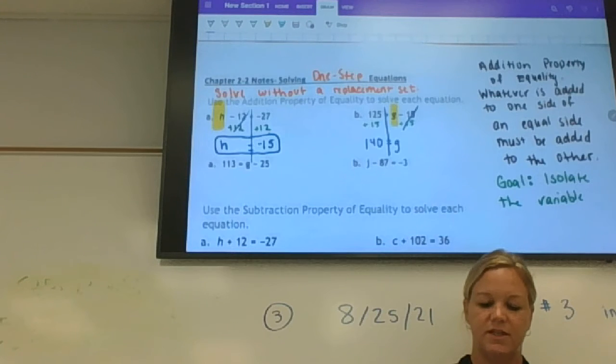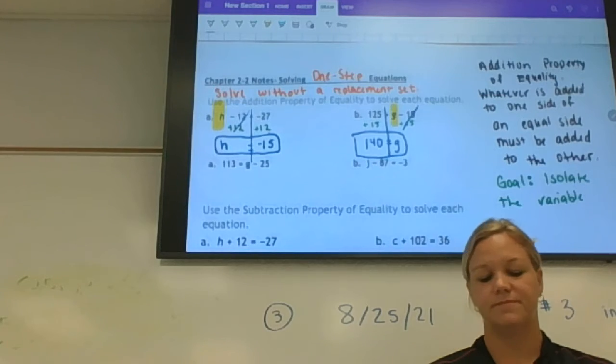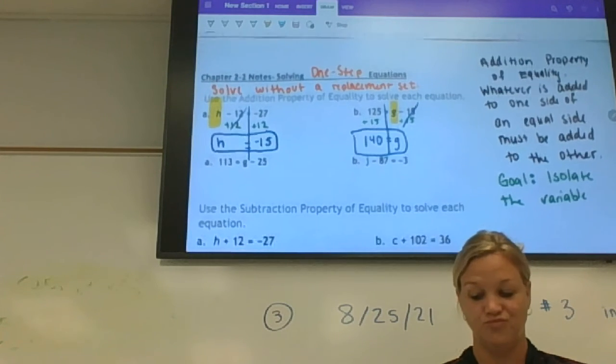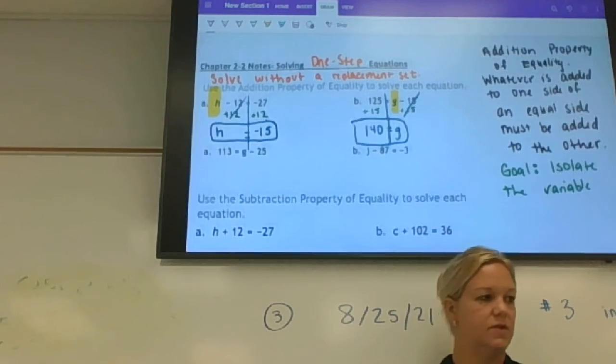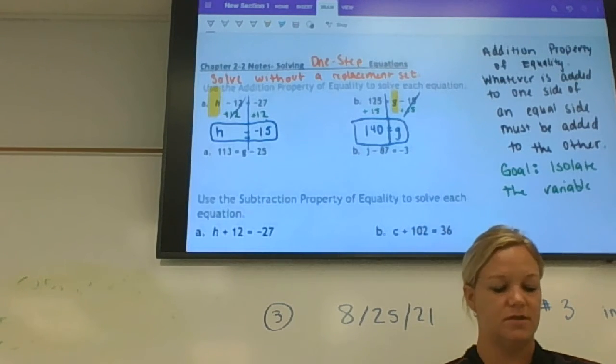And now the 15's gone, G is by itself, and I can see what G is. G is 140. It's really, really good to have this base before we get into longer equations.